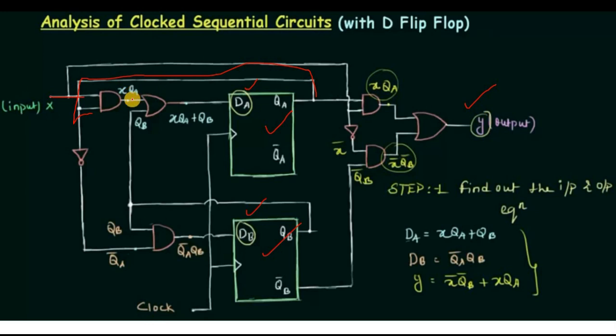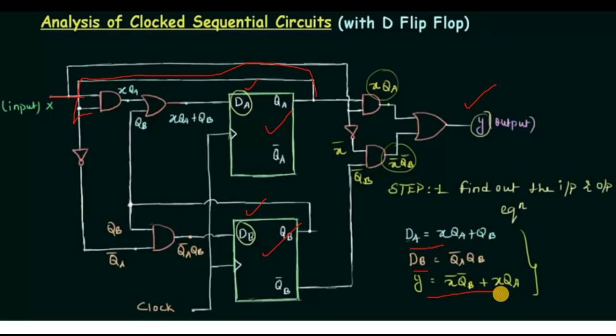Like that I computed everything and attained dA equal to X into QA plus QB, dB equal to QA bar into QB, and finally Y equal to X bar QB bar plus X into QA. So the first step in analysis of a clocked sequential circuit is to obtain Boolean expressions from the circuit.